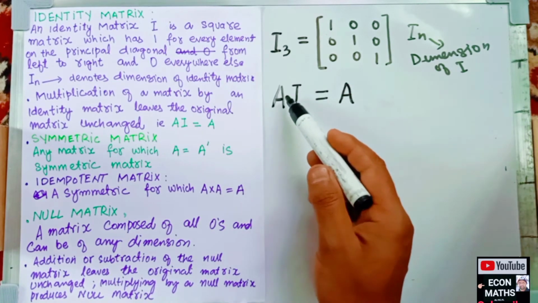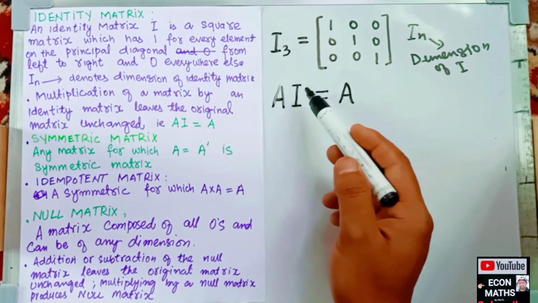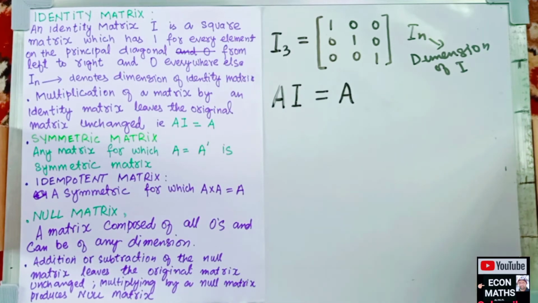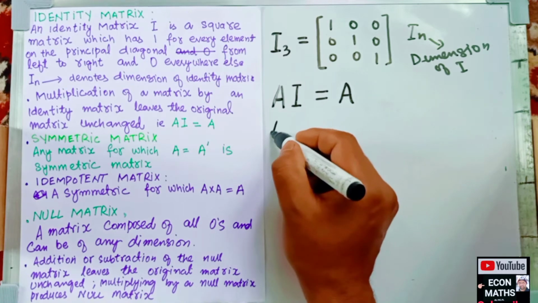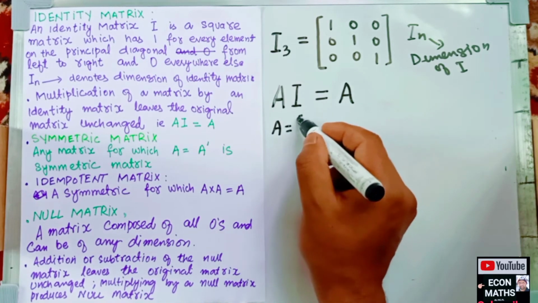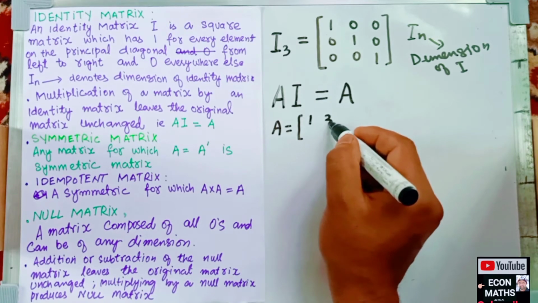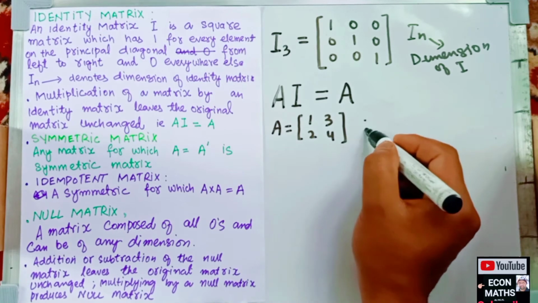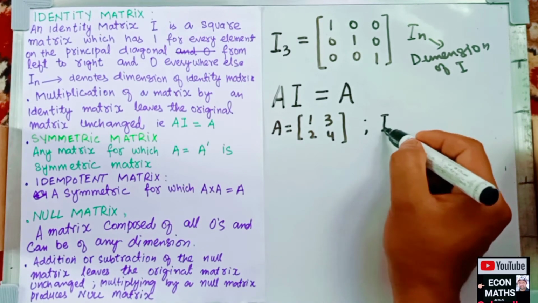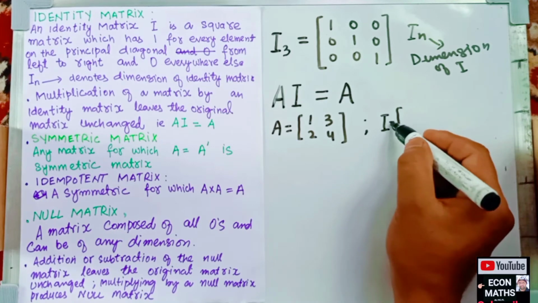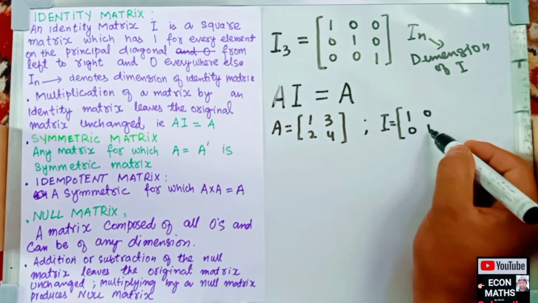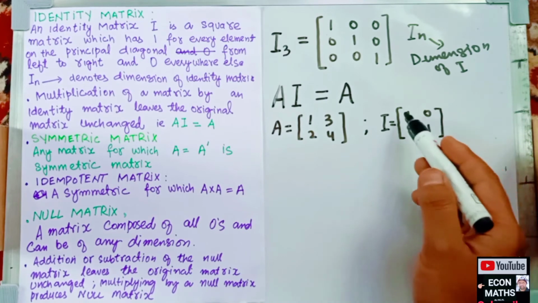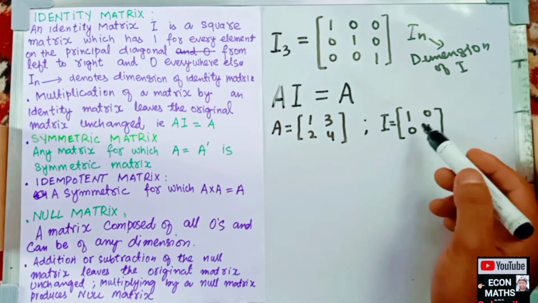Now, let us say I have an example: A is 1, 3, 2, 4, and I, the identity matrix, is 1 0 0 1, because the elements on the principal diagonal are 1 and the others are 0.